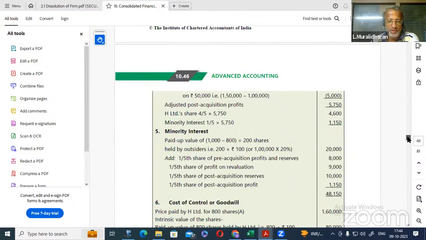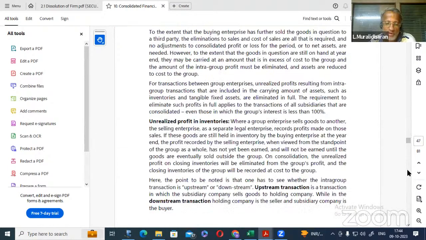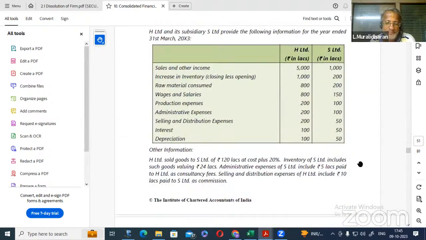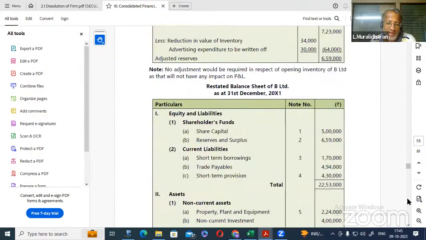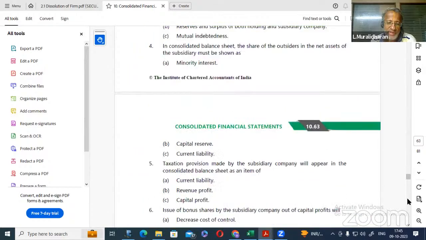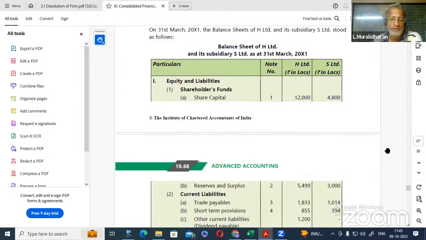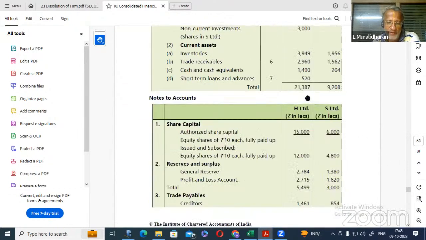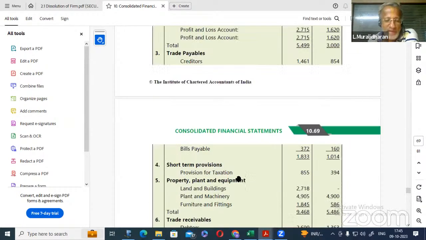For problems with revaluation, you will have some extra working to do, so it will not be possible within 5 minutes. Getting revaluation is a very rare possibility. So in the case of question number 5, let me check if there is any revaluation. Anyway, it does not have any revaluation. Let me tell you how you can crack it.